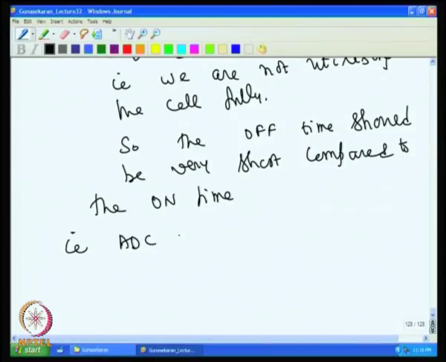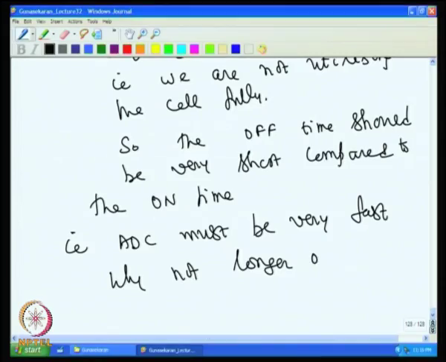Of course, one may ask, why not we keep a longer on time? Longer on time can create a problem, because if the sunlight goes very rapidly and the voltage drops, then the battery will be discharging for a longer time.